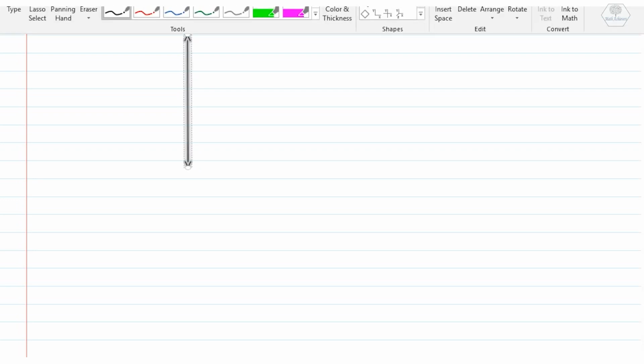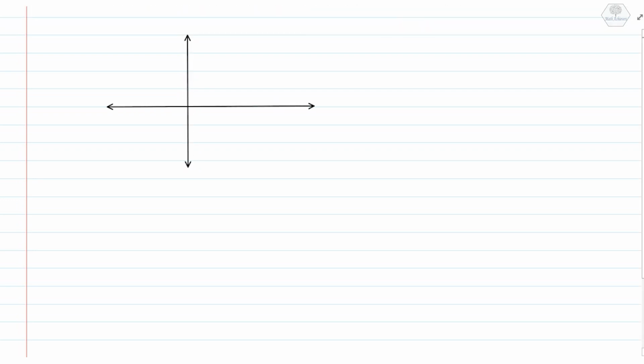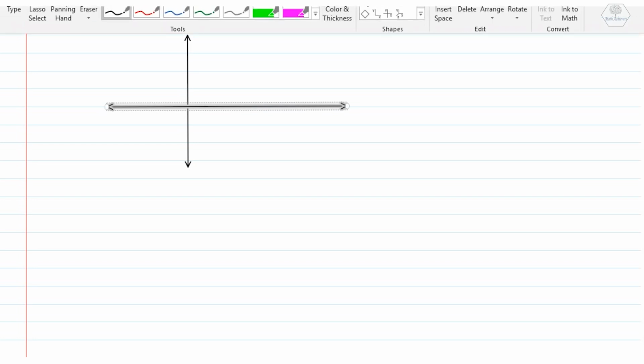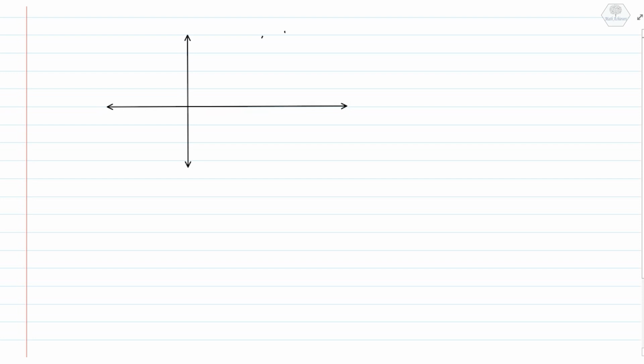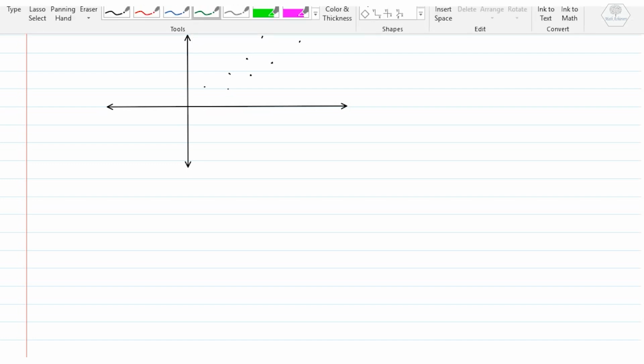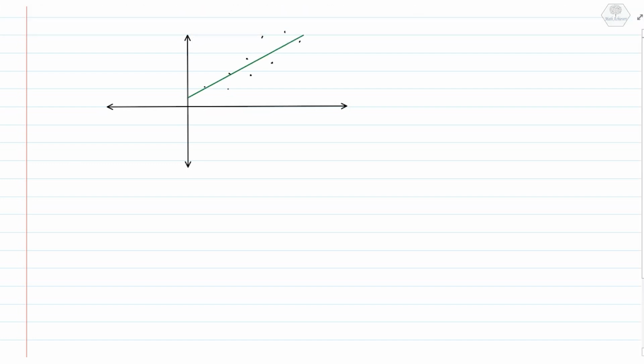My axes, these are my axes. Let's plot some points. These are my points, and I want to draw my line of best fit. This is my line of best fit.